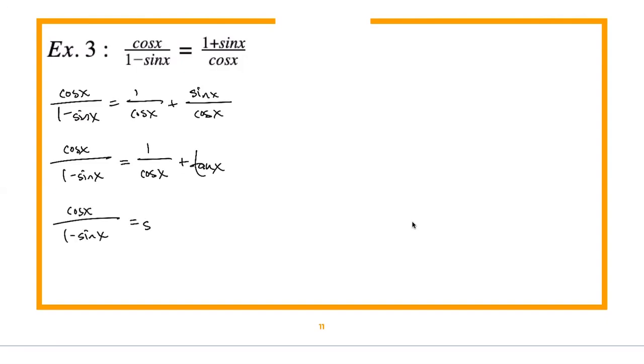Mm-hmm. And then if I work with the left-hand side, I will have cosine of x. Can't do that. You can't work halfway with one side and then switch to the other side. Okay, if you pick one side, you got to work with that whole side the whole time. I cannot switch back and forth.